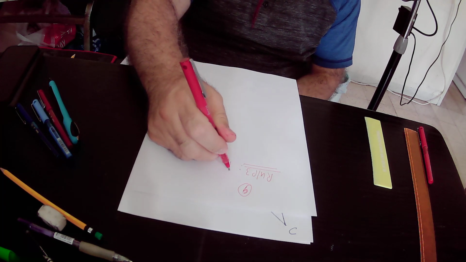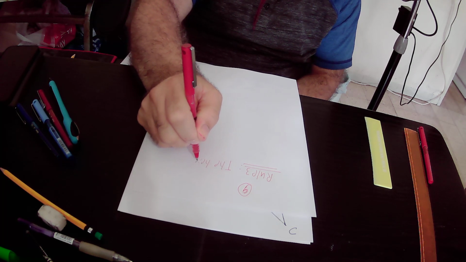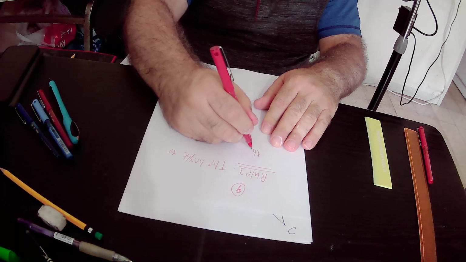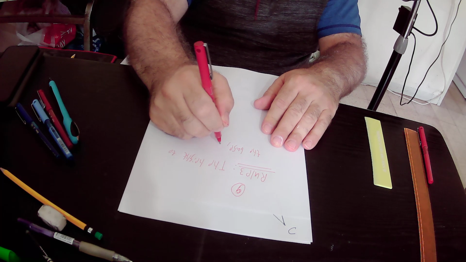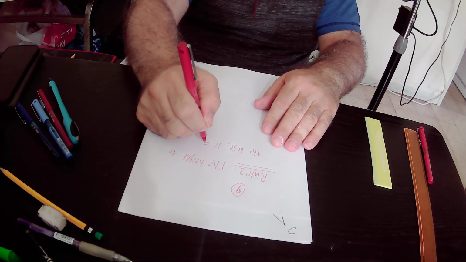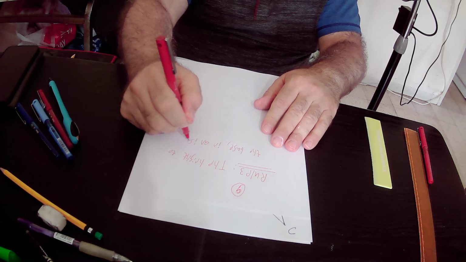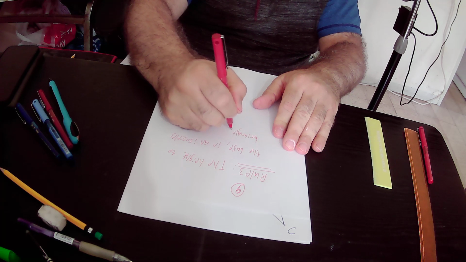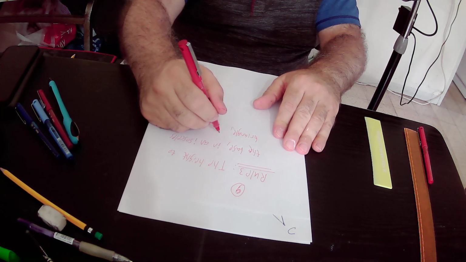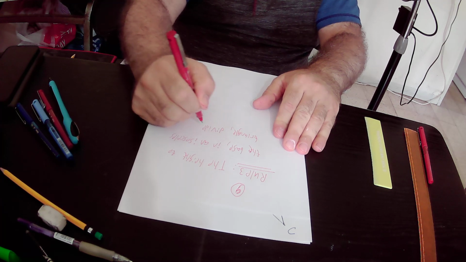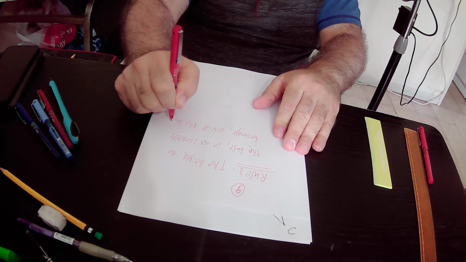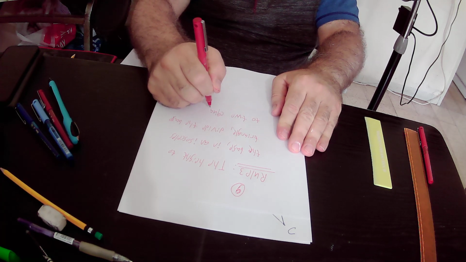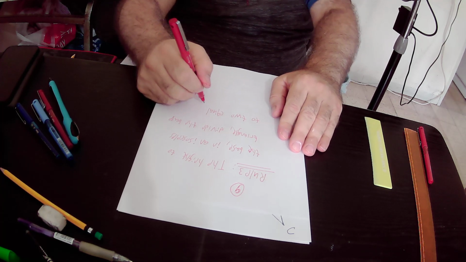Rule number 3 states that the height to the base in an isosceles triangle divides the base into two equal parts, okay?